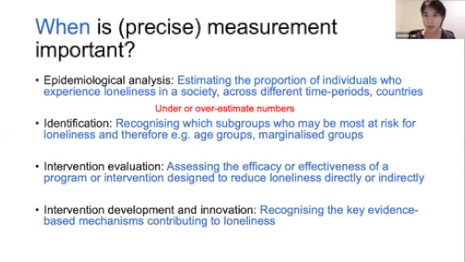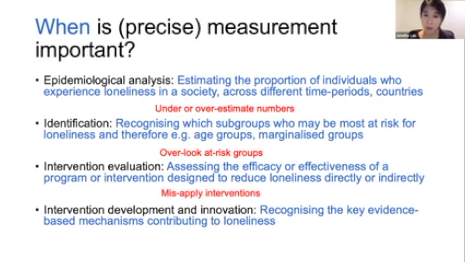So what happens if measurement isn't quite precise? We might under or overestimate numbers in terms of epidemiological analysis. We might overlook certain at-risk groups, so the people who need help aren't delivered that help.